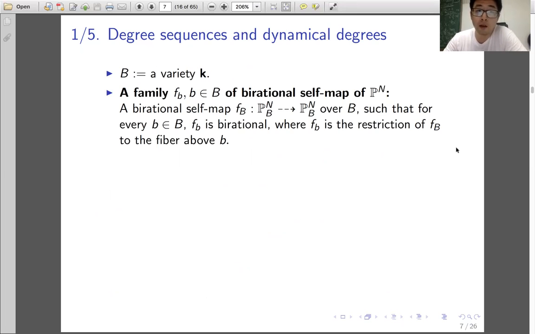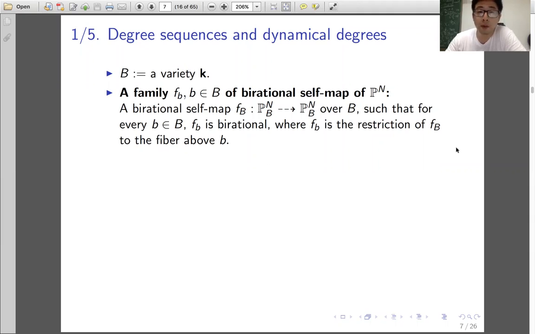Let B be a variety over k, and we say that a family F_B of birational self-maps of P^n is a birational self-map F: B × P^n to P^n over this variety B, such that for every point b, on the fiber at b, F_b is birational.